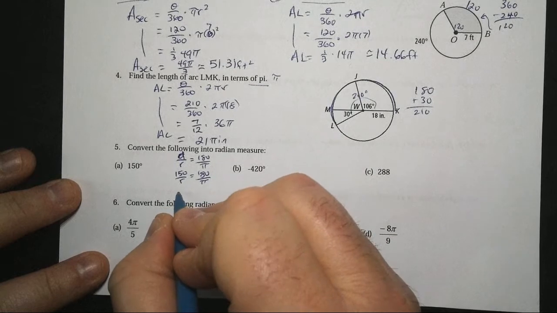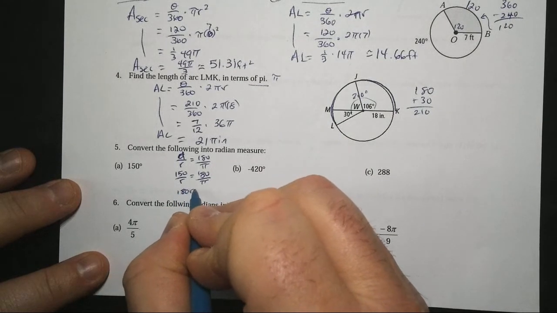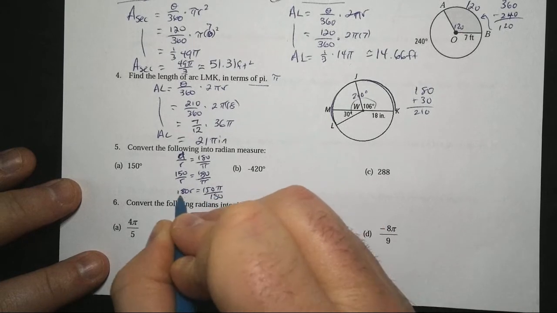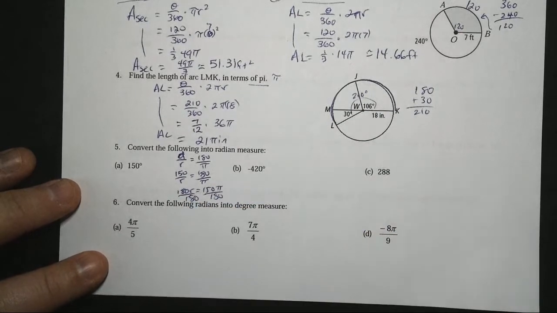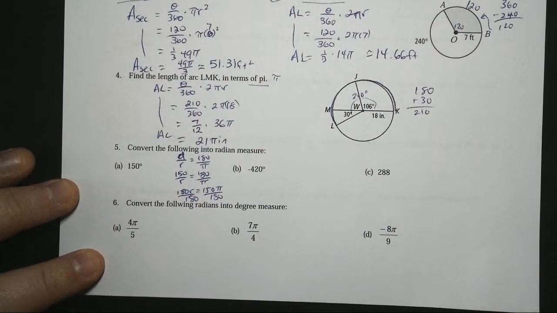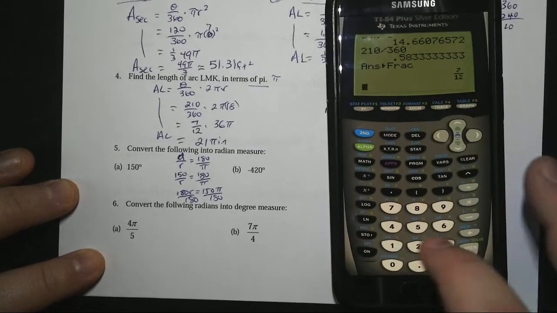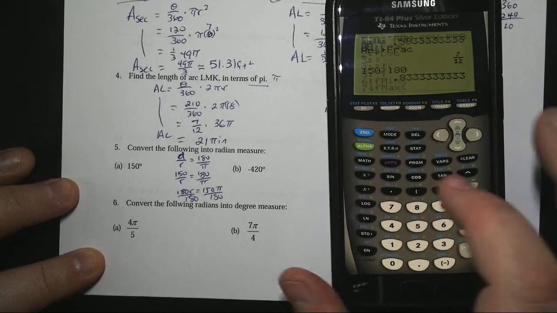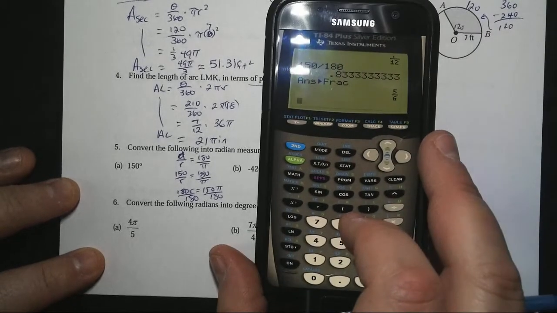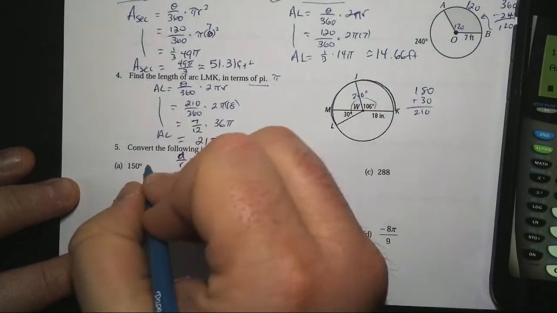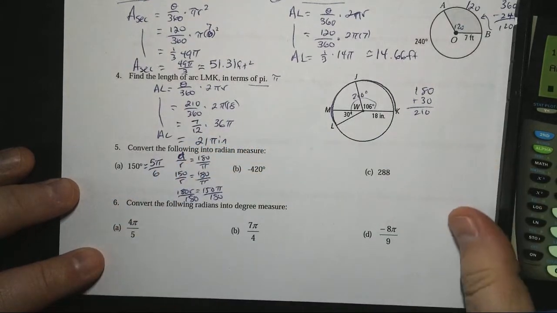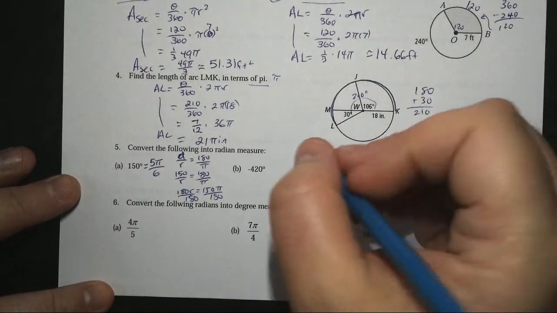I cross multiply, so it's 180 r is equal to 150 pi, and then I divide out by 180, and then I just reduce. So I'm not going to type the pi in when I reduce. It's just 150 divided by 180, and I'll convert to a fraction, and I get 5 over 6. So I've got to remember that there's a pi attached. So this is 5 pi over 6. That's it. And then we do the next one.